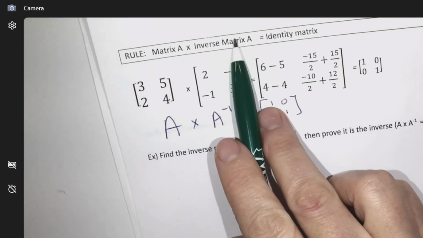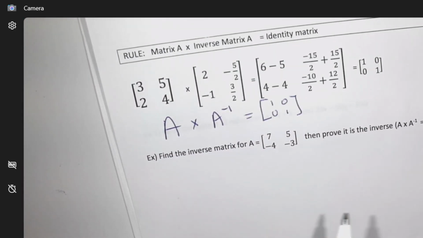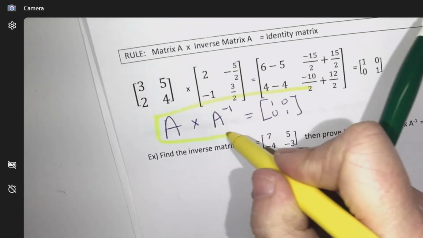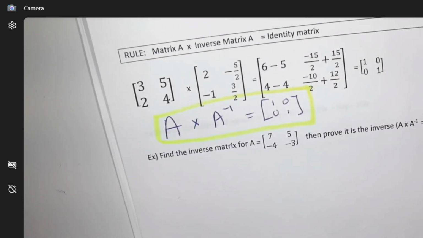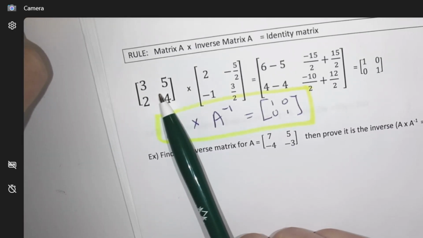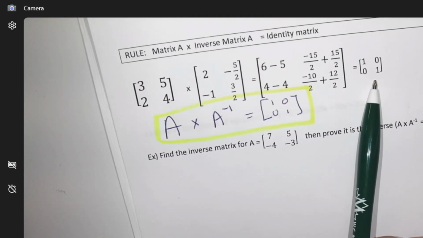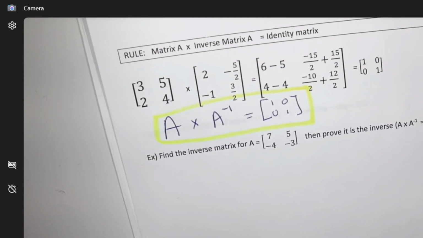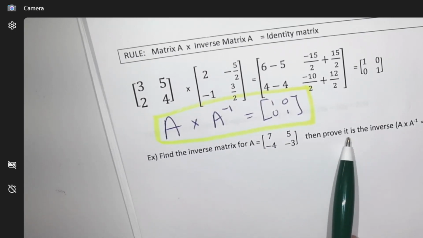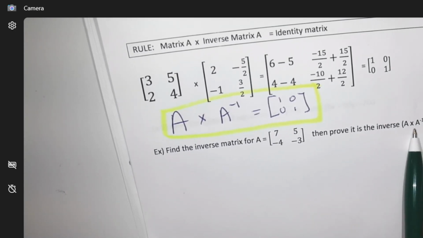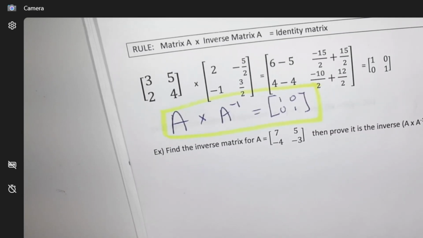Any matrix times its inverse would be an identity. So that's what this means. Okay, so I just did the example from above. This was the original matrix. This is the inverse using the formula, and when I got the result, it was that. Okay, so here we go. Find the inverse and then prove that the original times the inverse is an identity.